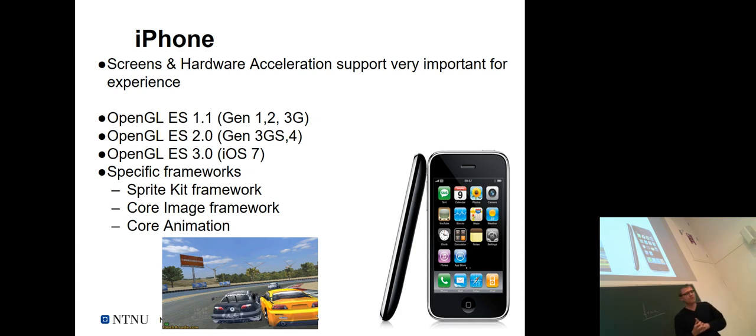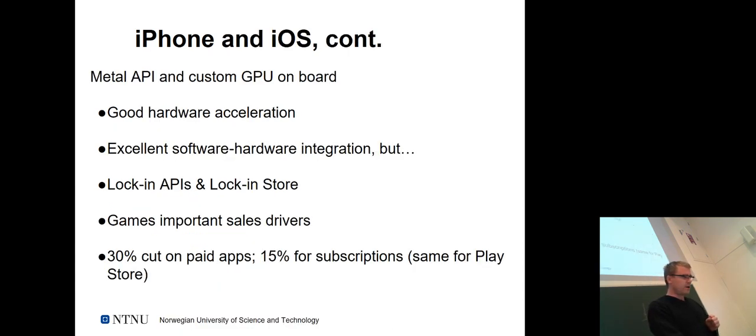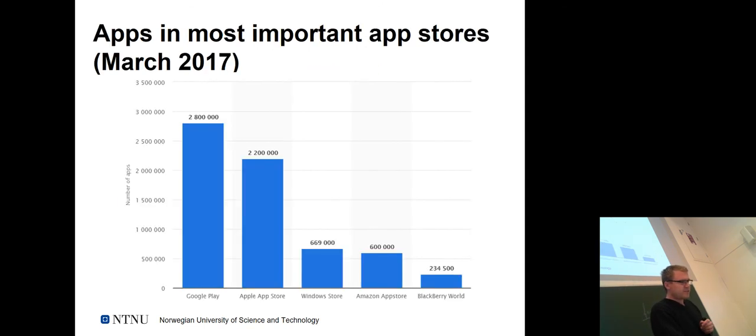But it has been adopted in the iPhone first, and subsequently also on mobile devices. But the only downside for iOS, of course, is there's a considerably stronger lock-in, especially if you use the additional frameworks that are available on top of the native OpenGL ES framework.